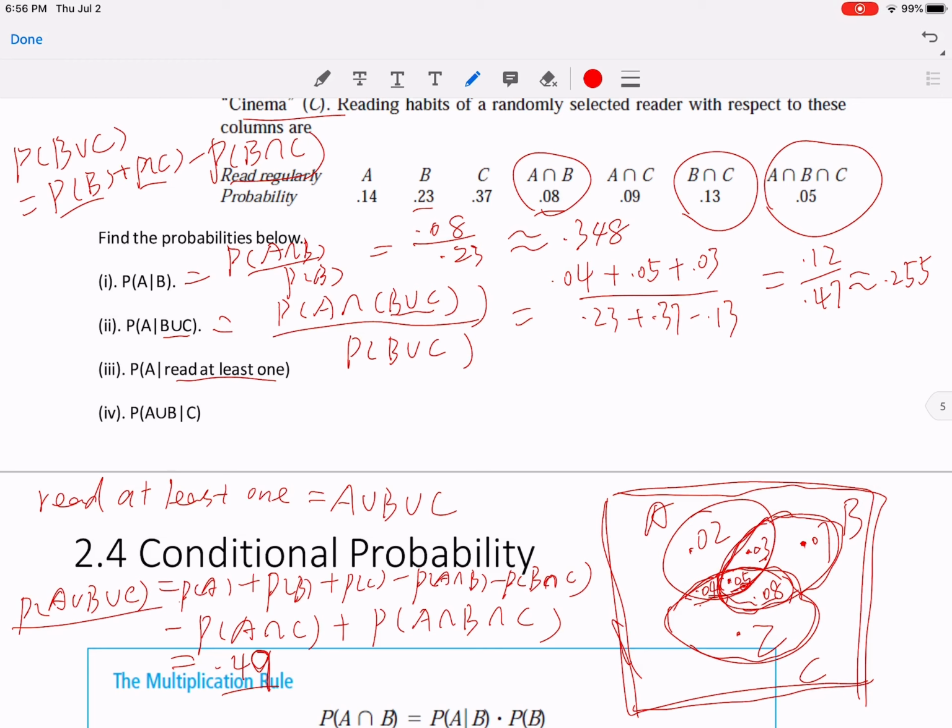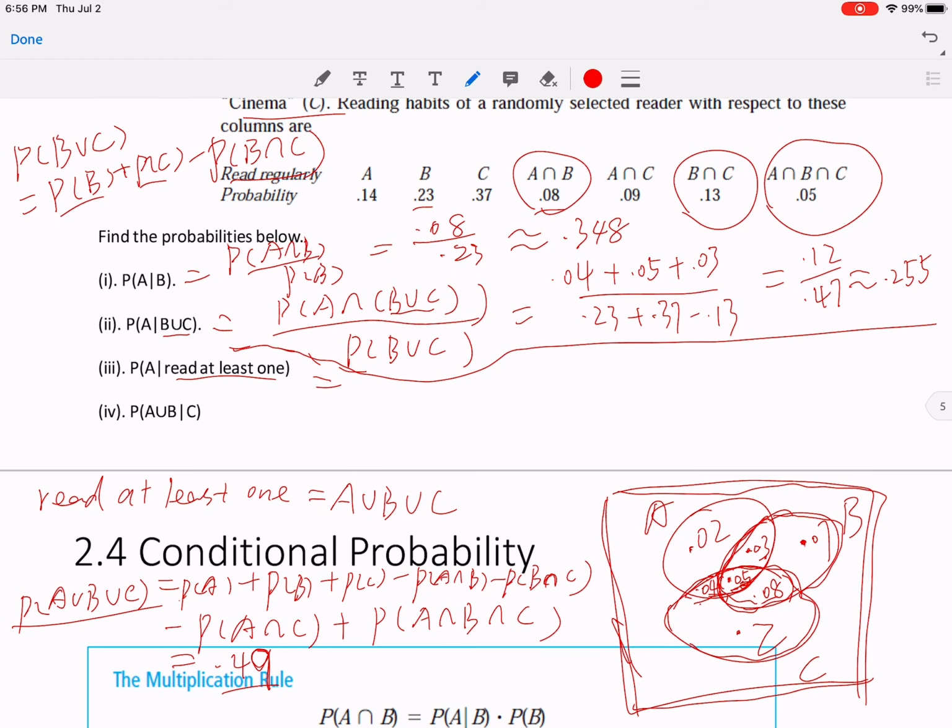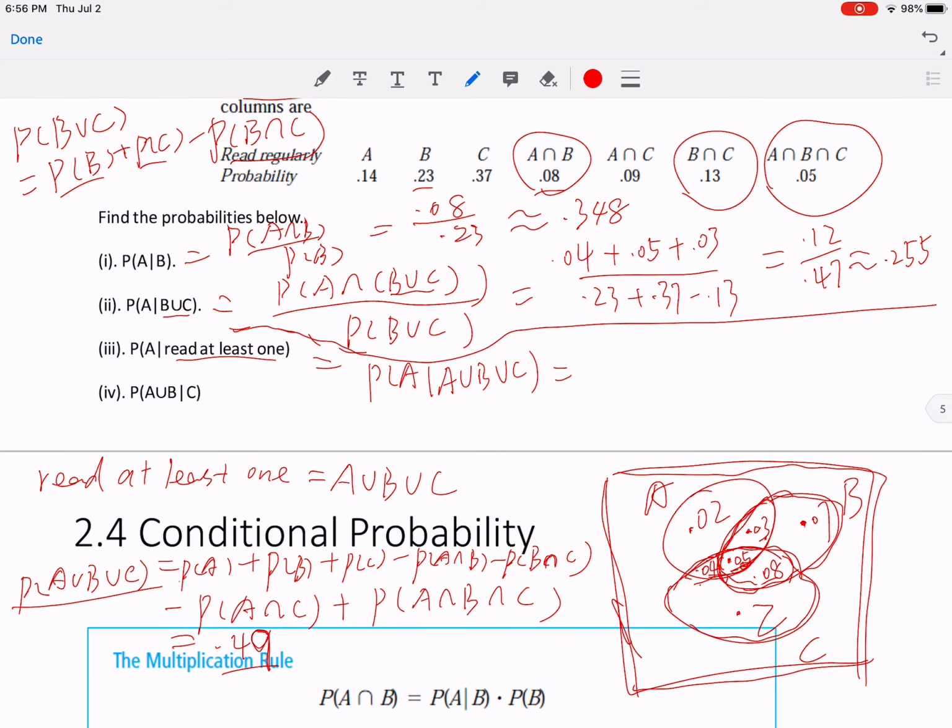And then this is equal to the probability of A given A union B union C. So this is equal to the probability of A intersection A union B union C, divided by the probability of A union B union C. Of course, A intersection A union B union C would be just A. So we have the probability of A on the top here, divided by the probability of A union B union C at the bottom.